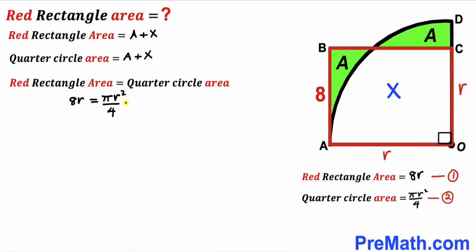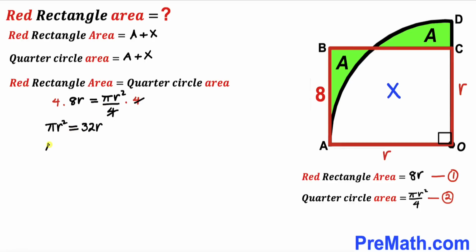Now we are going to multiply by 4 on both sides to remove this fraction, and here we can see the 4 and 4 are gone. So I can write pi r squared equals 8 times 4, which gives us 32 times r. Now I'm going to move the term 32r to the left hand side.